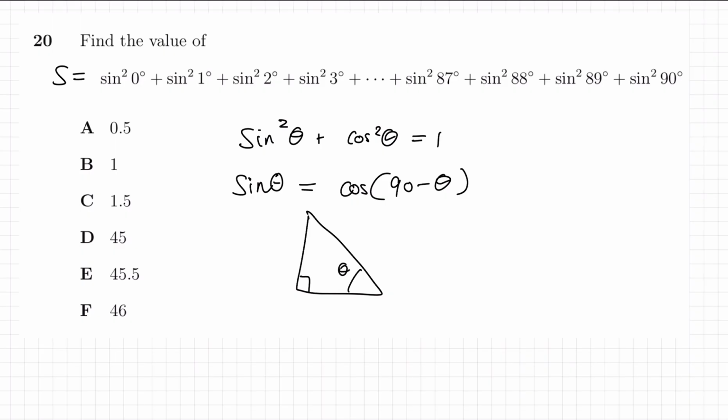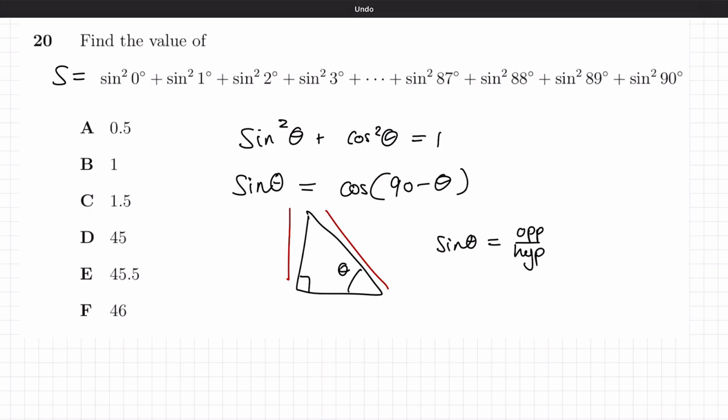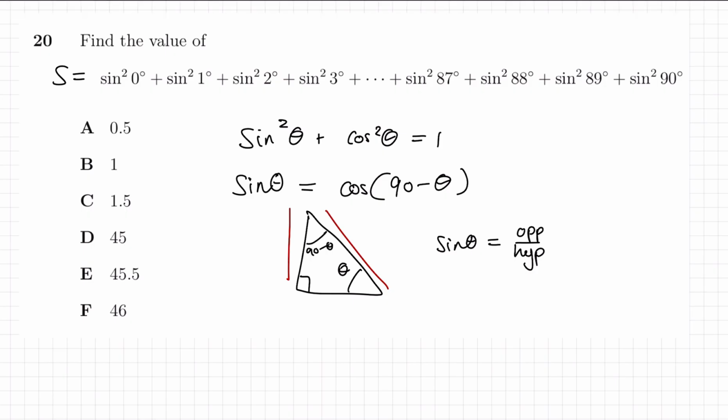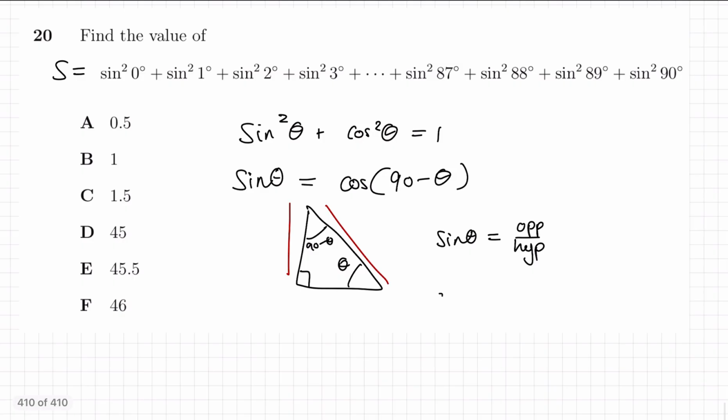sine of this angle, sine is equal to opposite over hypotenuse. So we'd be looking at the ratio of this side to the hypotenuse. And if we looked at this angle, we know this is going to be 90 minus theta because angles in a triangle add up to 180.